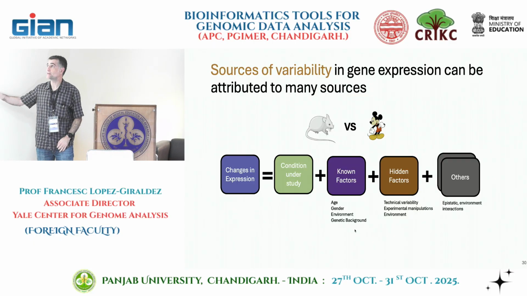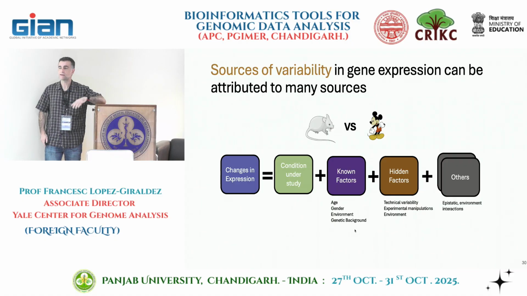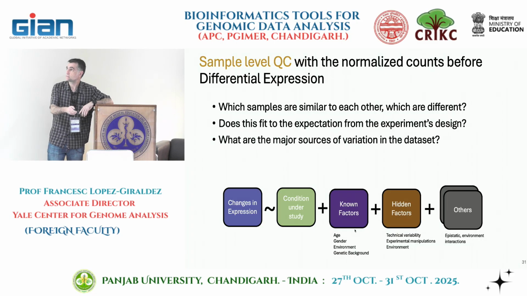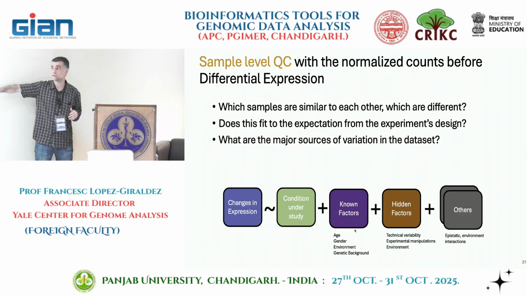Okay, going back to this idea, right? We talked about all the decisions you need to make. But is there any way we can test if this is true, or if we have other things that are affecting our expression? We can do that. We can do some QC processes before doing the differential expression that are going to tell us if this is true or not, right?